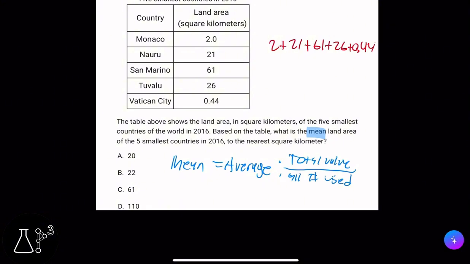That roughly gives you 22.088. So all these numbers divided by 5 equals roughly 22.088, and we're looking for the number to the nearest square kilometer. Therefore, we round it to the nearest ones place. It'll be 22. Therefore, my answer is going to be B.